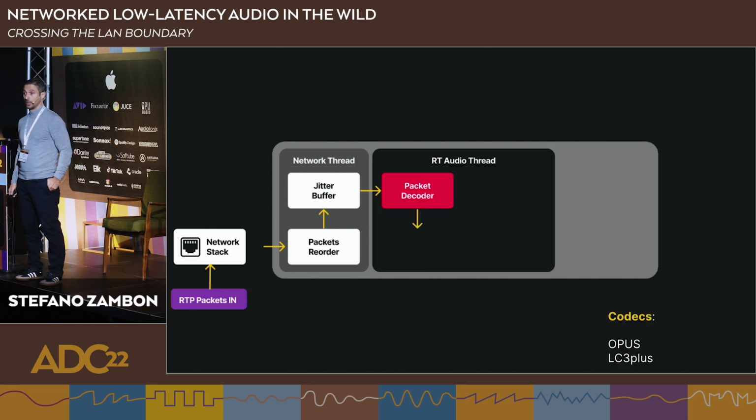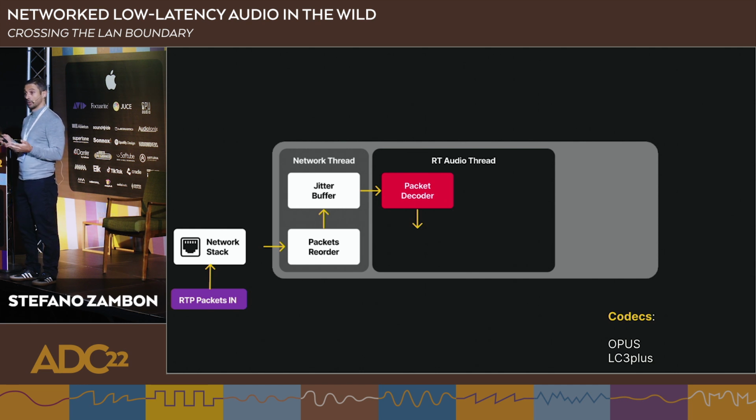Then you have your good old friend, the real-time audio thread connected to the operating system callback. The first thing it does, it pulls data from the jitter buffer. This data is typically encoded during transport, and it's not the same format that the operating system needs, so you need to decode the data. You can use PCM.